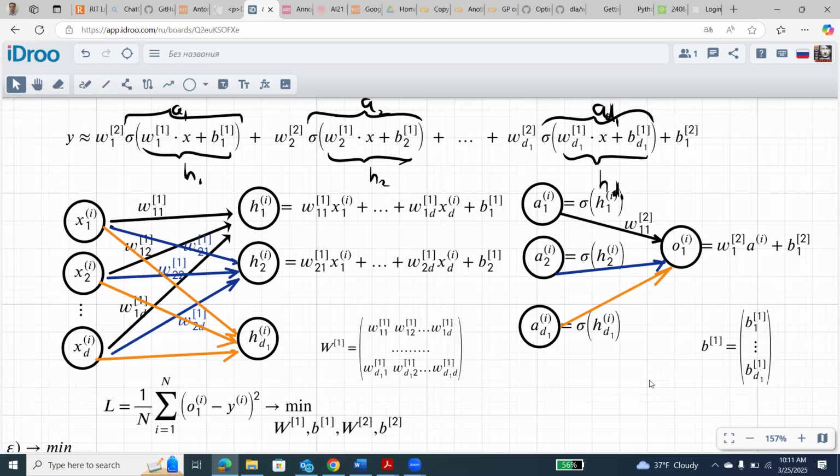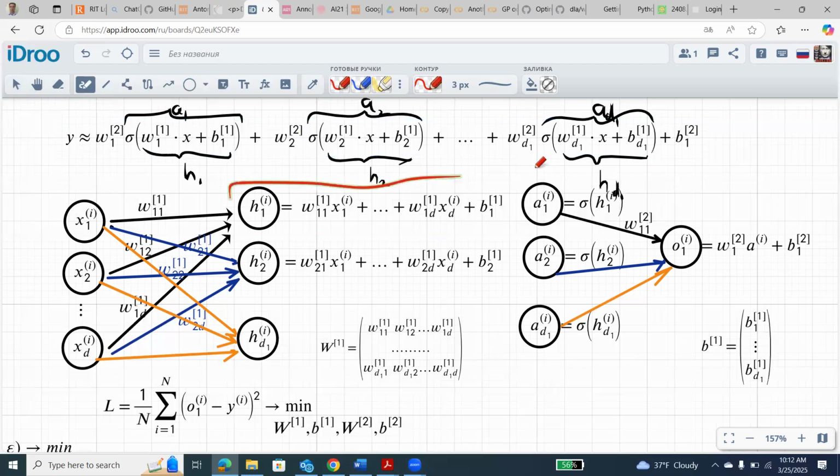Okay, and about notation, the input we don't count as a layer. So the first layer of our neural network will be H, so this will be layer 1.